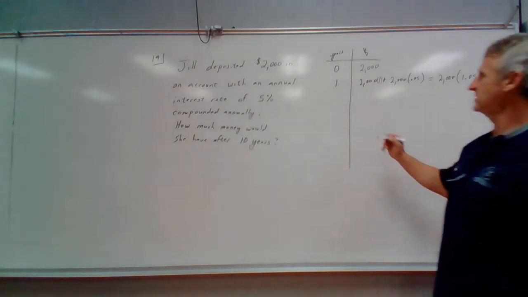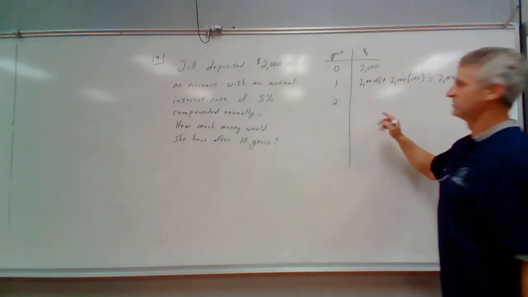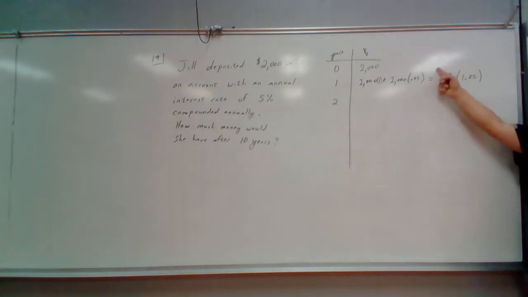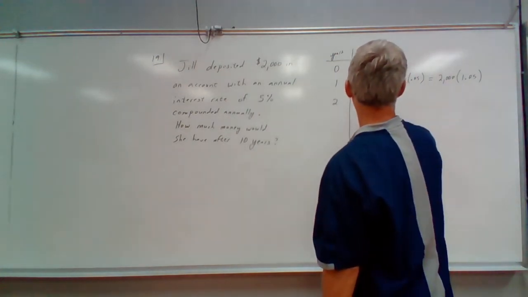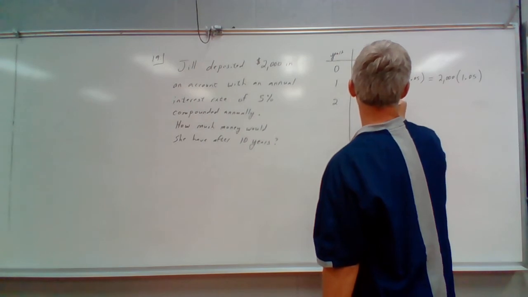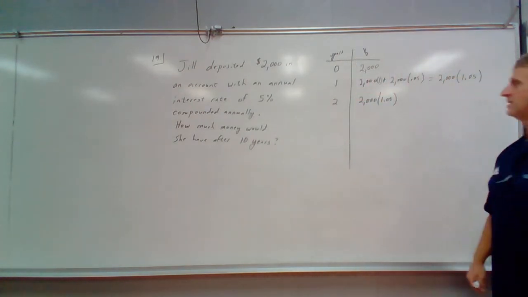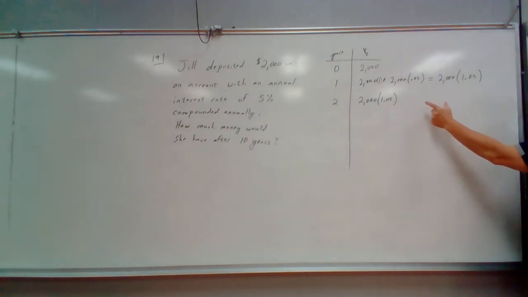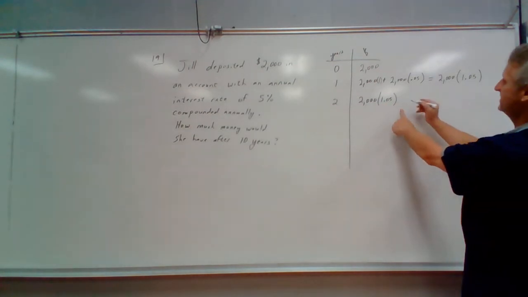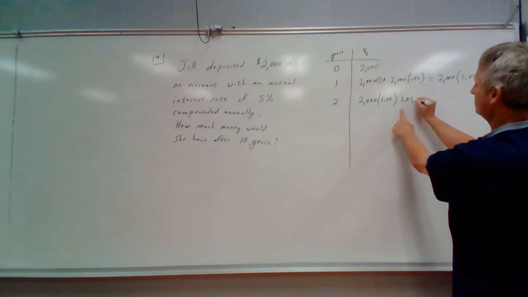All right, what about after 2 years? So now we're going to take this total amount that she has, so 2,000 times 1.05, and we're going to do this amount plus 5% of that amount. So what that means is we would multiply by another 1.05.